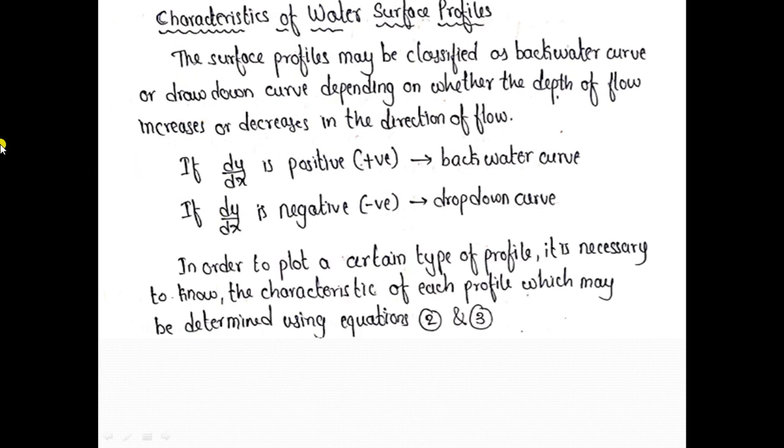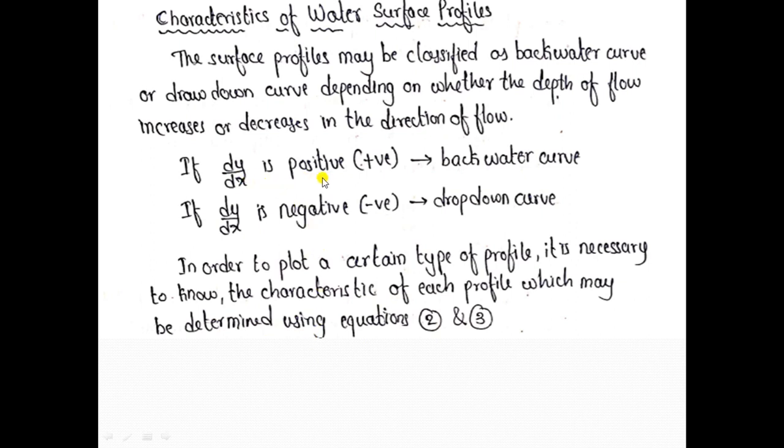If dy/dx is positive, it is a backwater curve. If dy/dx is negative, it is a drawdown curve. In order to plot a certain type of profile, it is necessary to know the characteristics of each profile, and obviously we will be using equations 2 and 3 to determine the characteristics of each profile.